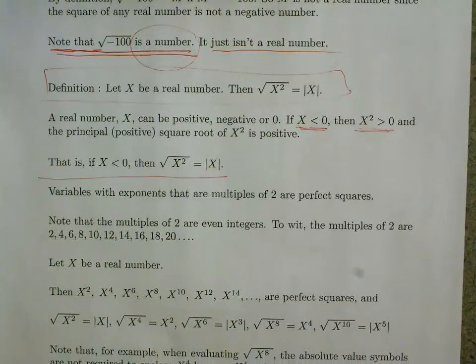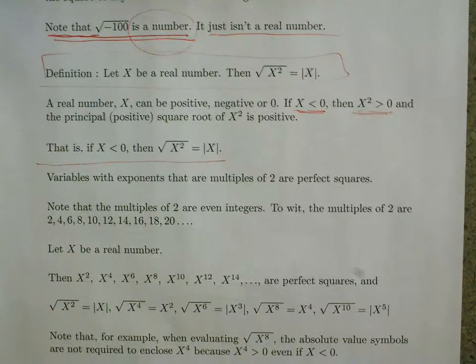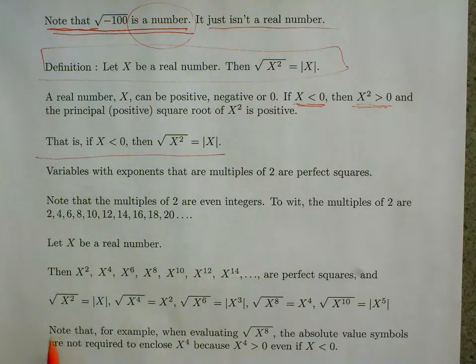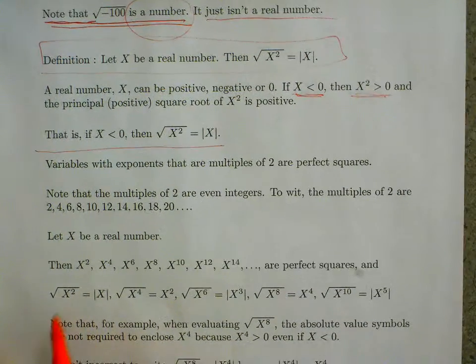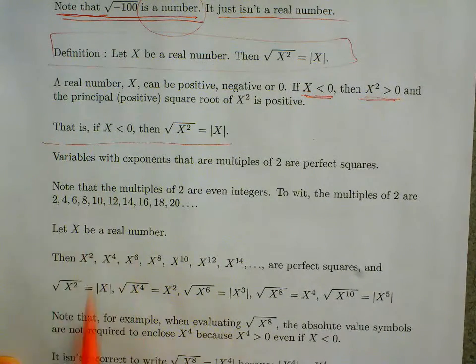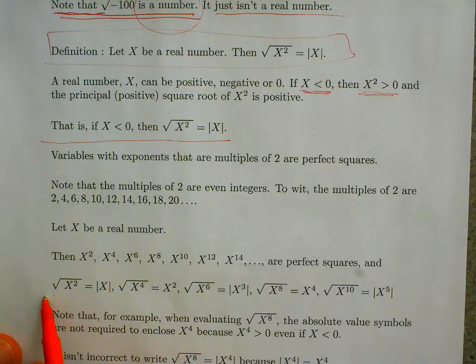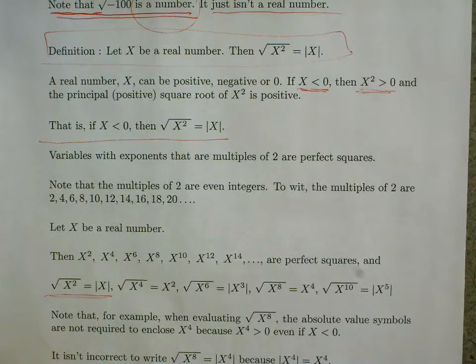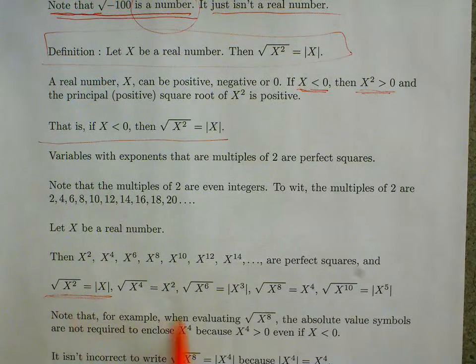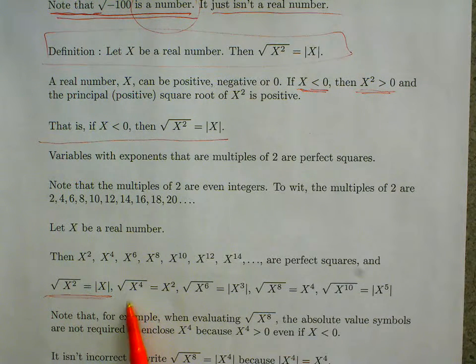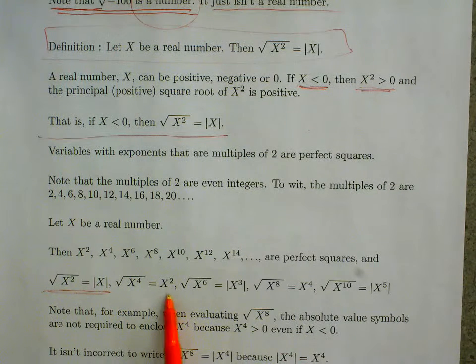And we want to know how to simplify square roots of variable expressions. As we've already seen, if x is a real number, the square root of x squared is the absolute value of x, because if we square the absolute value of x, we just get x squared. The square root of x to the 4th is x to the 2nd.